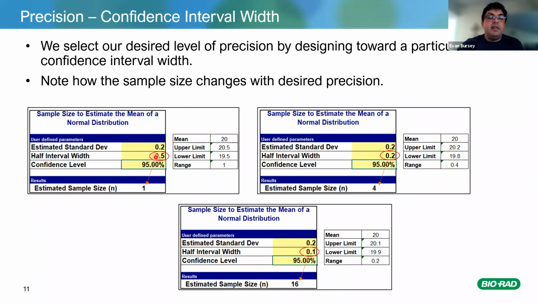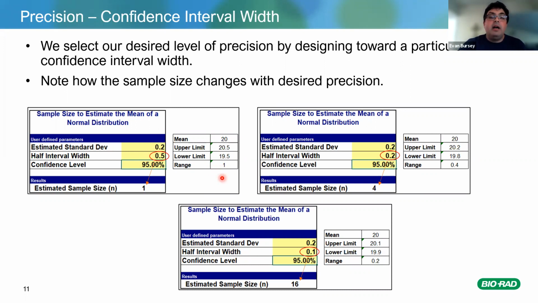Once I know the standard deviation, the noise in my system, I can specify the confidence level, my accuracy, and I can specify the precision that I want. For instance, in this particular example, I know that these reactions are going to have a standard deviation of around 0.2 cycles.